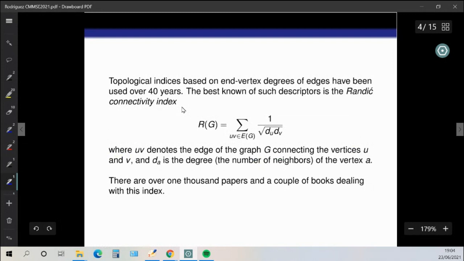Topological indices based on vertex degrees of edges have been used for more than 40 years.